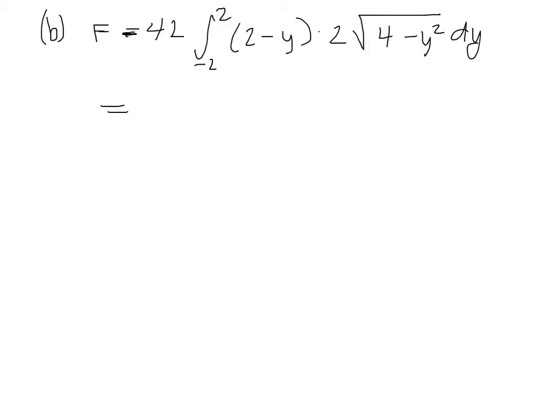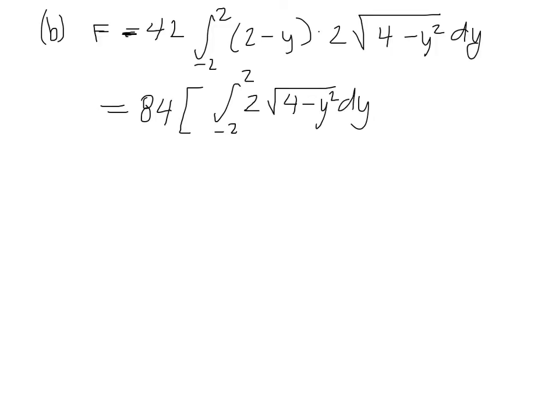Factoring out that 2, I have 84 multiplied by the integral from -2 to 2 of 2 root 4 minus y squared dy, minus the integral from -2 to 2 of y root 4 minus y squared dy.